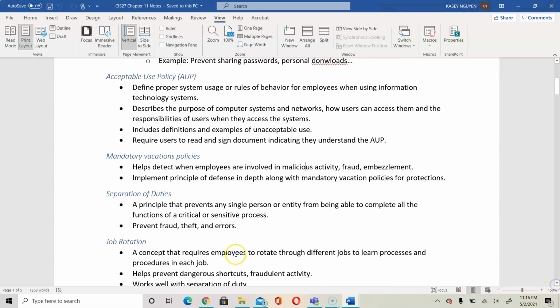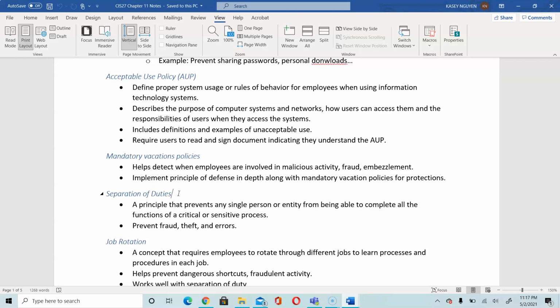And SOD, or separation of duties, is a principle that prevents a single person or entity from being able to complete all the functions of a critical or sensitive process, meaning that for the major tasks, we want to have multiple individuals involved, so that a person, if they want to commit fraudulent activity, can't just cover it up.